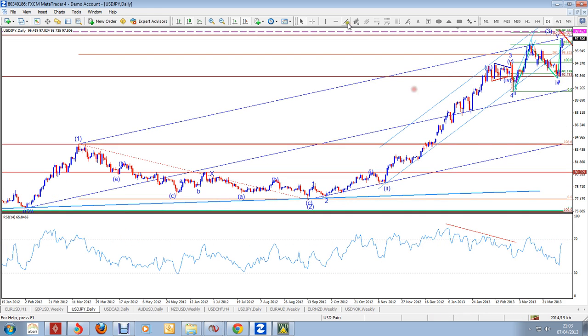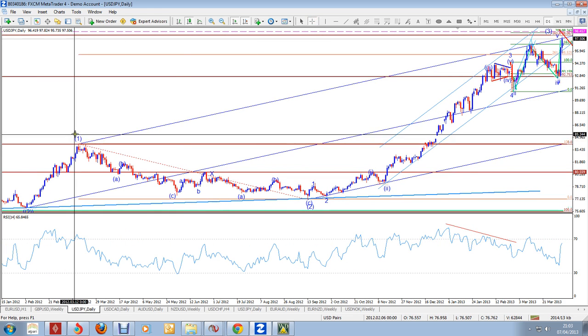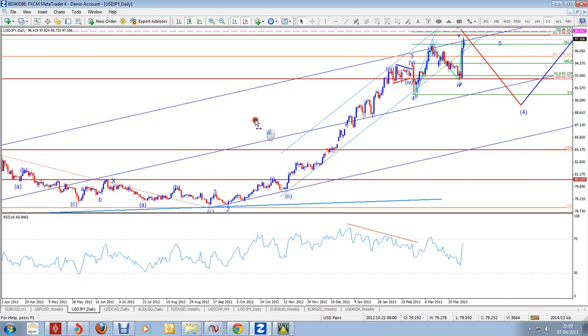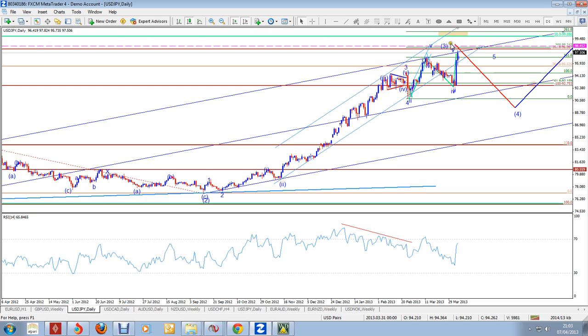But in the process of completing that wave three, we've got wave one in single bracket, wave two in single bracket, and we have just approached an area where we are going to be completing wave 3 in single bracket. That will bring us into the area of around 100. Within that we've got 1, 2, this one 3, this one 4, and we are now working on wave 5.